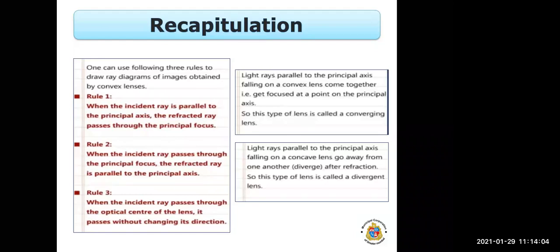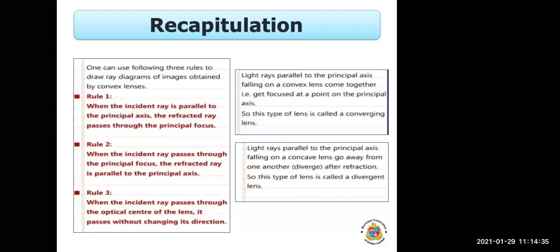Now, if the light rays parallel to the principal axis are falling on a concave lens, then they will go away from one another, or diverge after refraction. So this type of lens is also called a divergent lens. For converging lens, we are using convex lenses, and for divergent lens, we are using concave lenses.